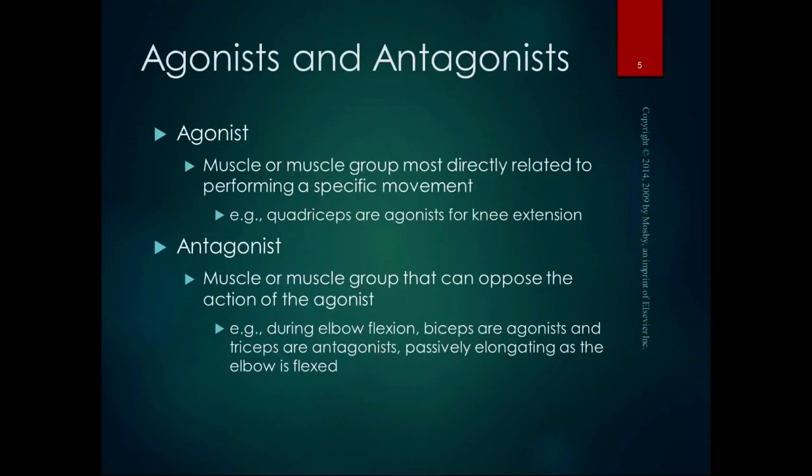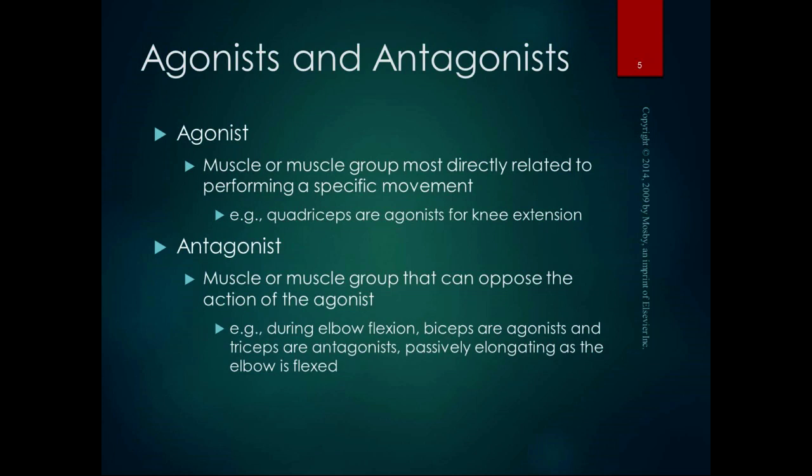This concept of agonists and antagonists might be new to you, or maybe you've heard it before. But the agonist is the muscle or muscle group that's most directly related to performing a specific movement. So in the picture on the previous slide, where we're doing a quadriceps contraction, the quadriceps were the agonists for knee extension.